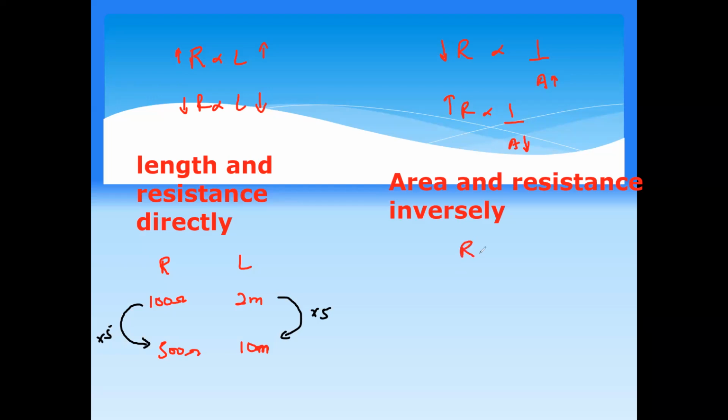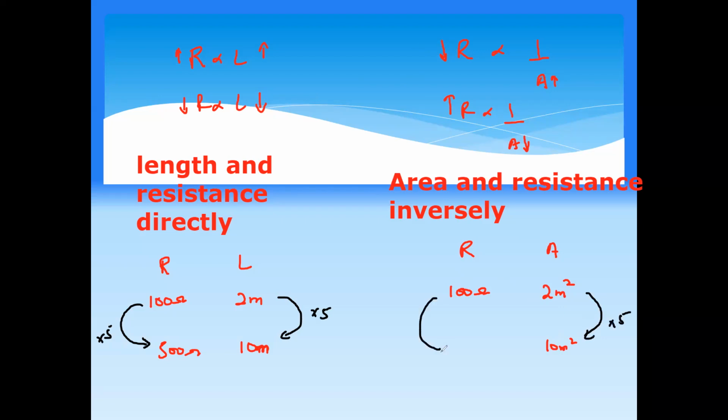But resistance and area are inversely proportional. For example, if we have an object with an area of 2 meters square and a resistance of 100 ohms, and now the area becomes 10 meters square. So 2 becomes 10, by what factor does it change? It changes by 5.